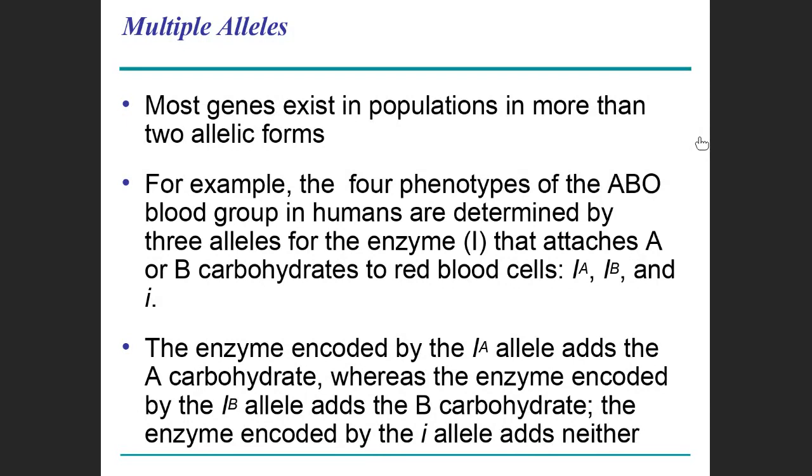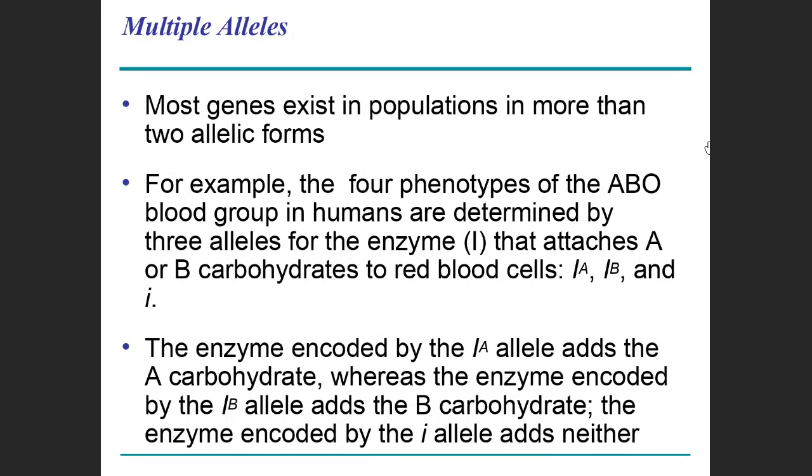So if you have the gene for the A antigen, you have type A blood. If you have the gene for the B antigen, you're type B. If you have both genes for A and B, you're type AB. And if you have neither gene, you're type O. So O blood does not have the A or the B antigen.